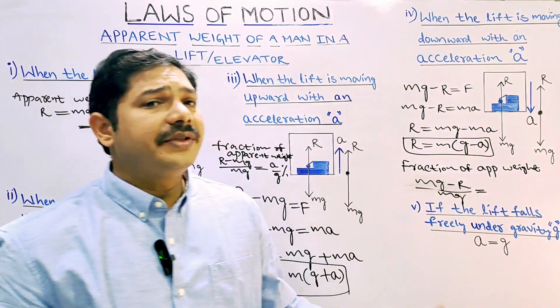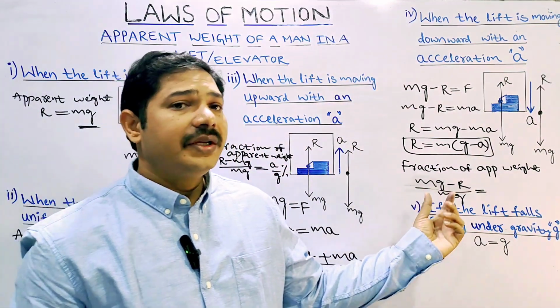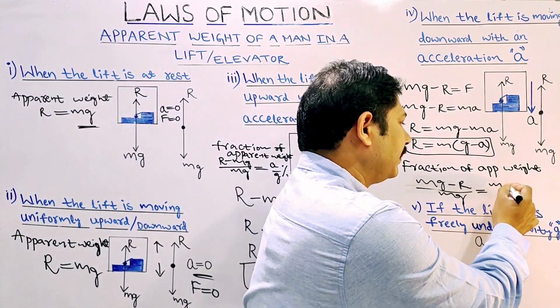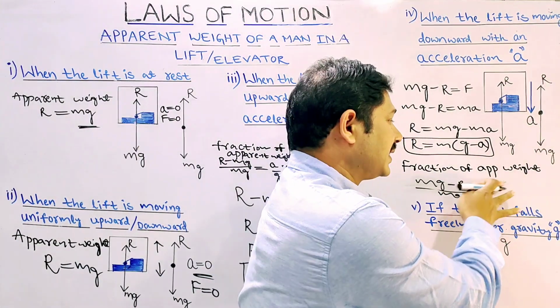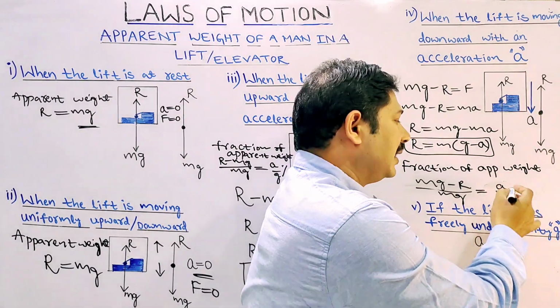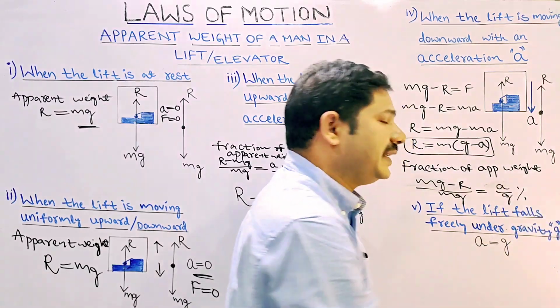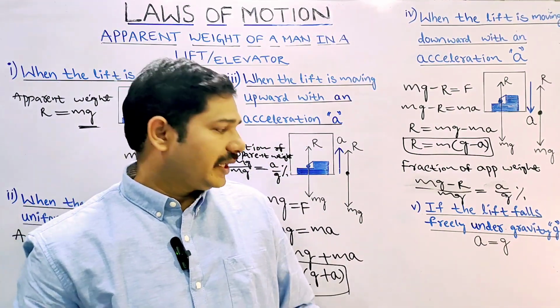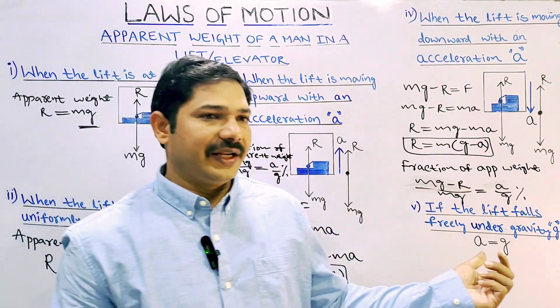Here mg minus R is ma, so ma by mg, with mg cancelled, gives a by g. So here the percentage decreases, whereas in the upward case it increases.